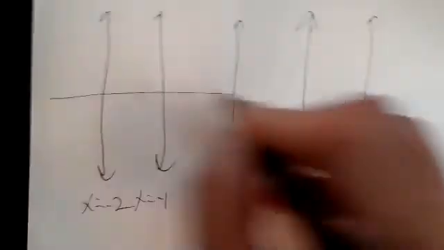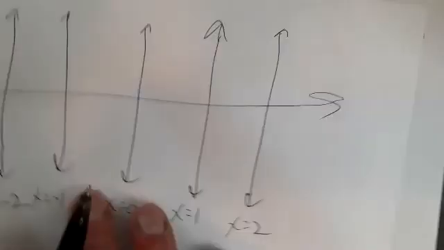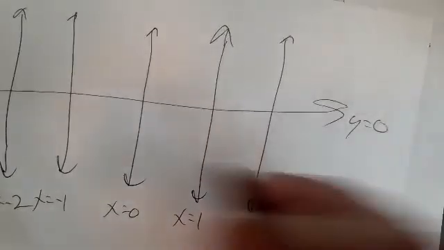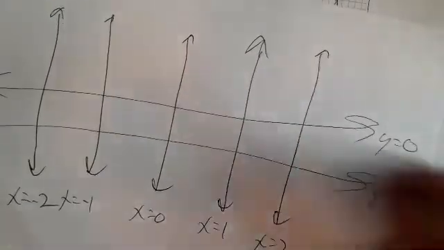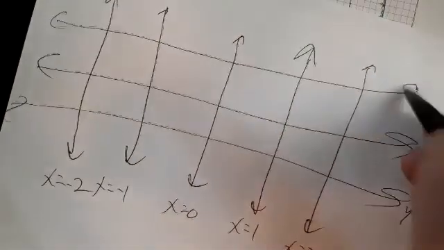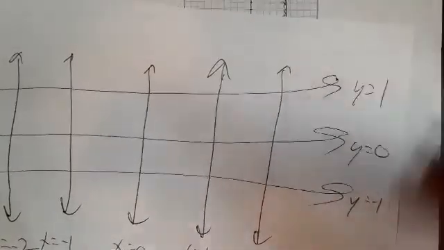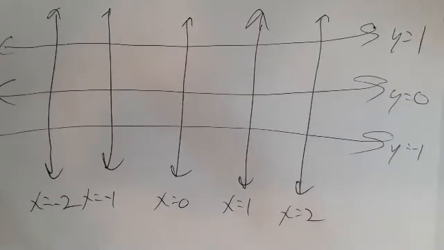And like with the y, it's very similar, right? We have y equals 0 here. We have y equals -1 down here. And y equals 1 here. We're creating a sort of square coordinate system with these things, right?